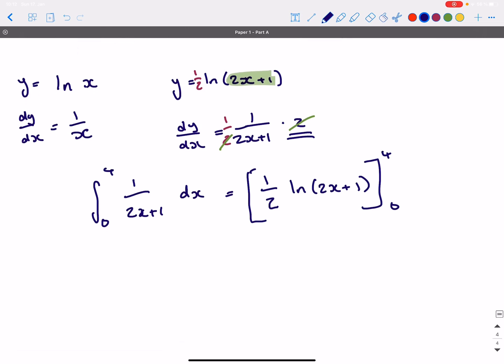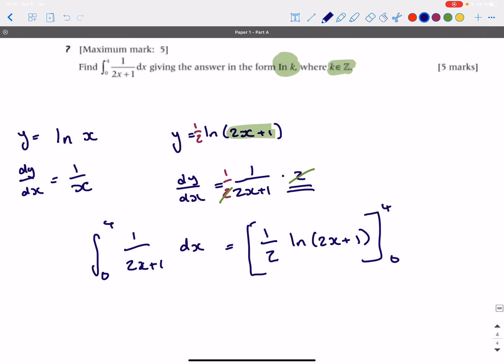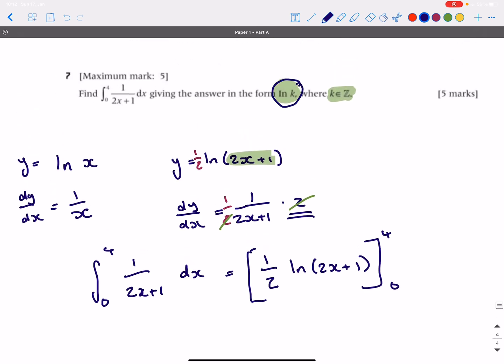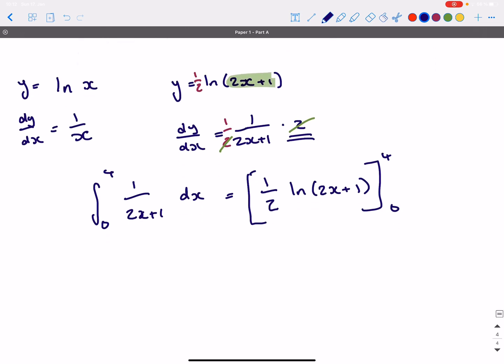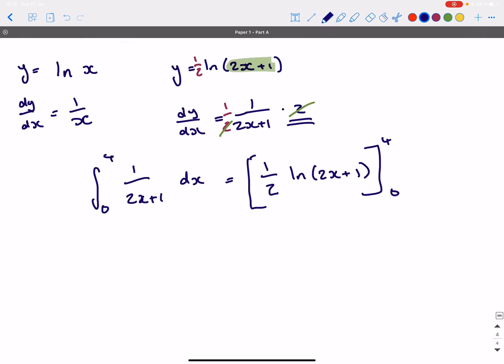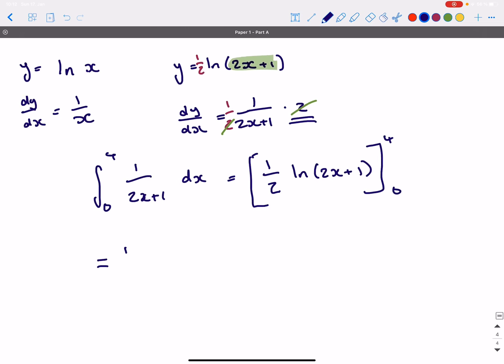So now what we need to do is actually work that through and get to a final answer. Don't worry too much about trying to get it into this form right now. We'll leave that till slightly later. So the first thing I do is substitute in that value of 4 for x. So I have a half natural log of 2 times 4 plus 1.